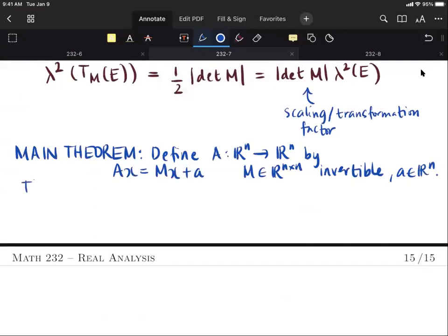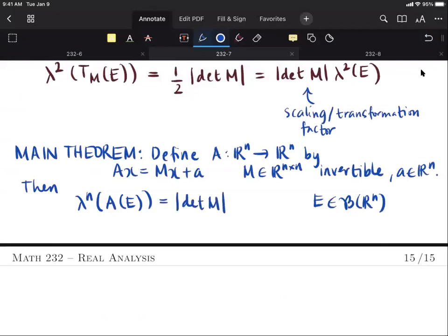Then the Lebesgue measure, or Lebesgue-Borel measure, of the image of a Borel set E is equal to the absolute value of the determinant of the matrix M times the Lebesgue measure of E. So take note that a here has no effect.